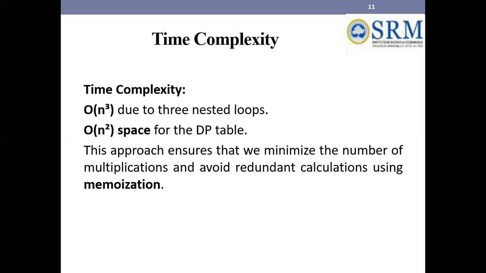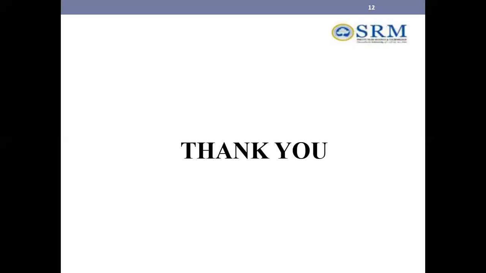So time complexity is order of n power 3 and space complexity is order of n squared, so two-dimensional table. This approach ensures that we minimize the number of multiplications and we can avoid repeated calculations using memoization. Thank you.